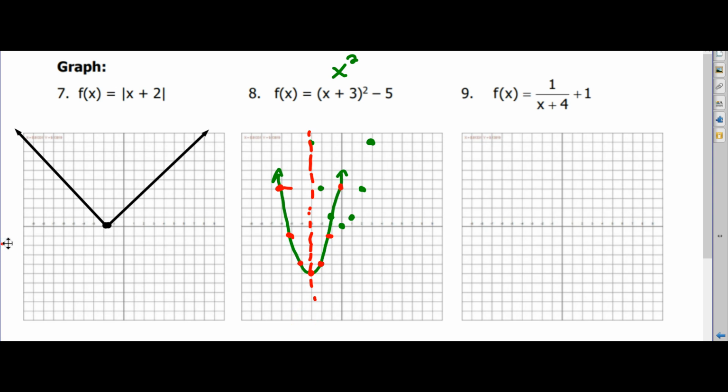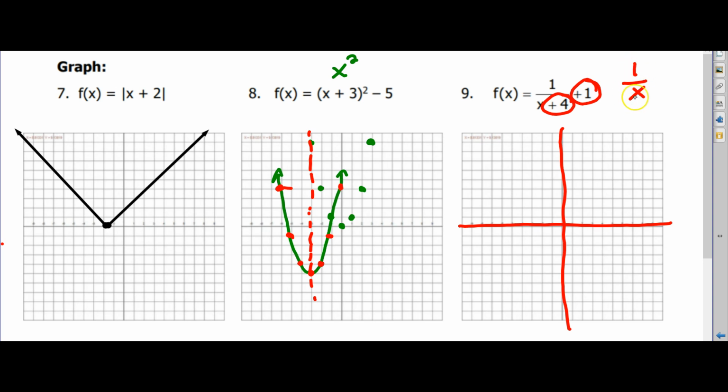Now, for 1 over x, that's our parent function right here. Notice the parent function is being shifted up 1, and then to the left 4 there. So normally with 1 over x, you got to understand that we have a horizontal asymptote here, a vertical asymptote right here.